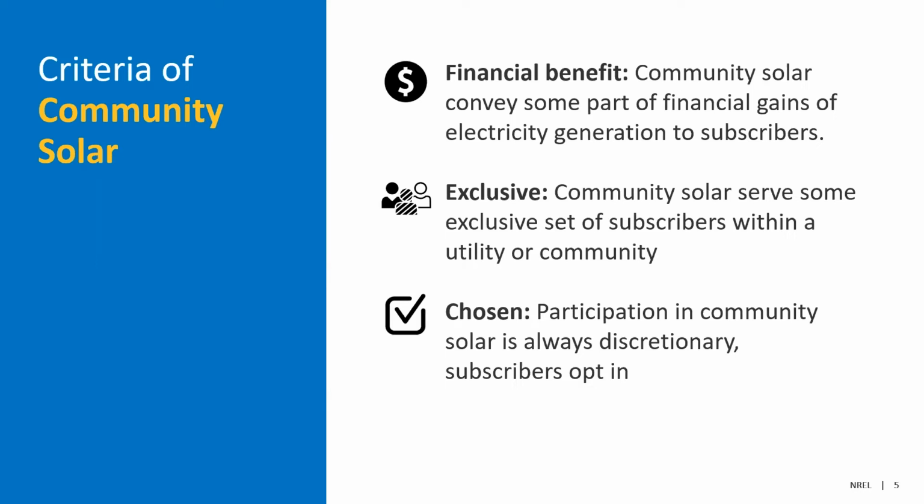So a solar installation will have multiple off-takers or owners referred to as subscribers. These subscribers enter into a contractual relationship with the owner or operator of the installation to receive a portion of the financial returns from a predefined share of the installation's output.